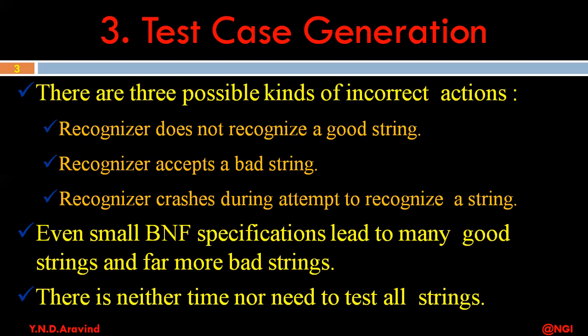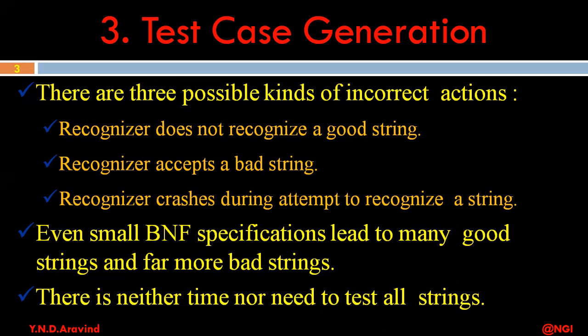That is, the recognizer may accept or reject a good string or a bad string, and that is how it is going to fail. Every small specification leads to many good strings and far more bad strings. So there is neither time nor need to test them all.